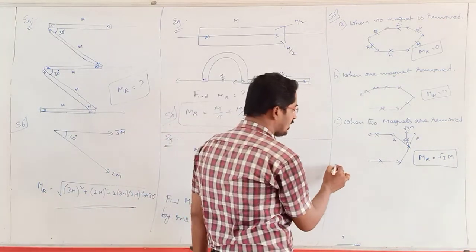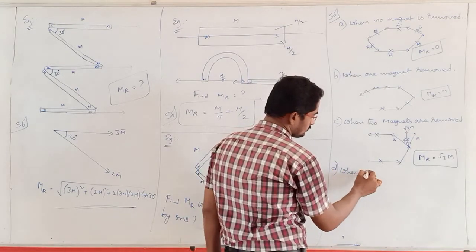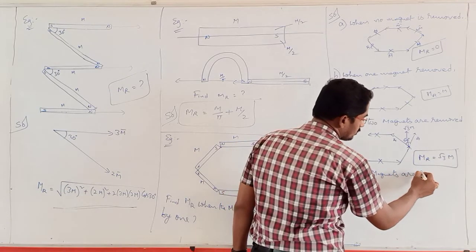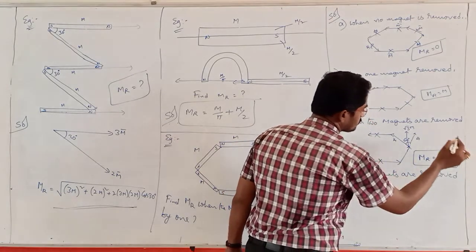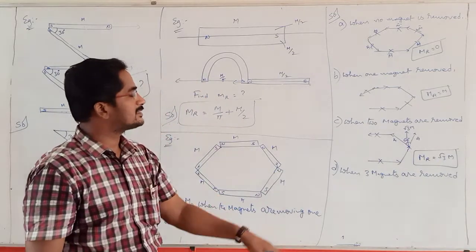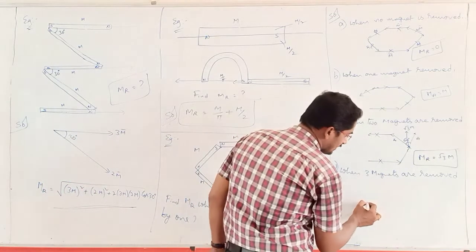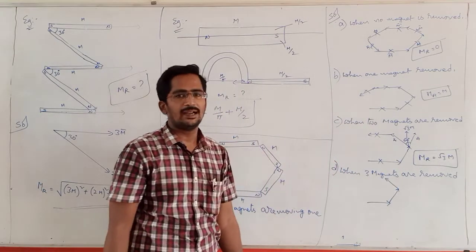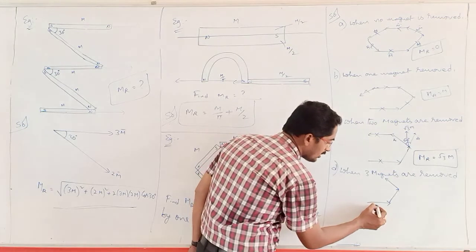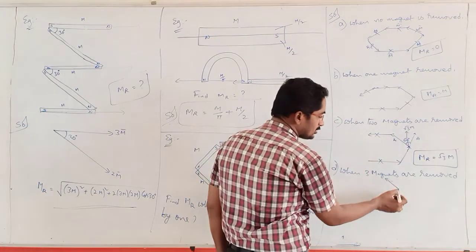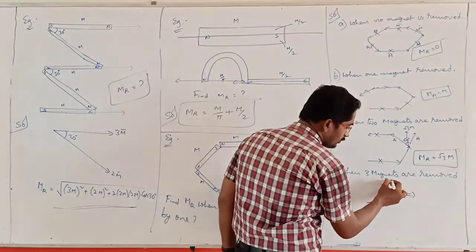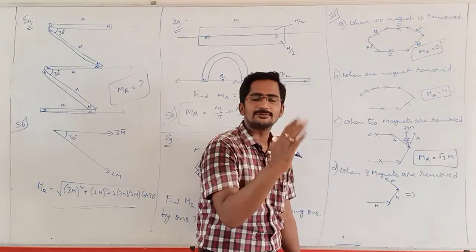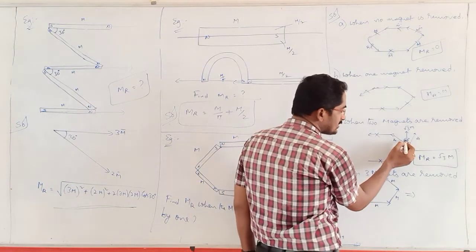Next, 3 magnets are removed. Whenever 3 magnets are removed, only 3 magnets will remain. For this one, moment M bar, and for these two, the resultant I have written is root 3m, such that for this one and for this one, the resultant will be at an angle of 90 degrees with respect to horizontal, because it is 30, it is 30.